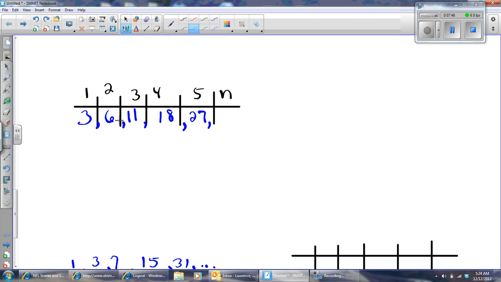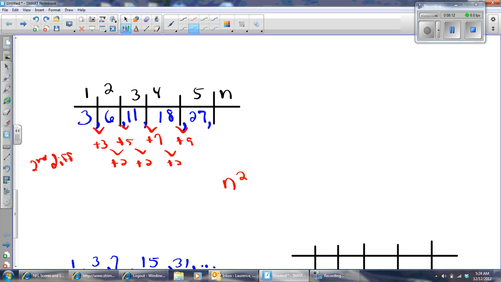And I'm going to go looking for the first differences, plus 3, plus 5, plus 7, plus 9. And they don't match, so I'm going to go ahead and go down to the second level. And look at that, they're all plus 2. When the second difference matches, then the pattern is something like n squared.